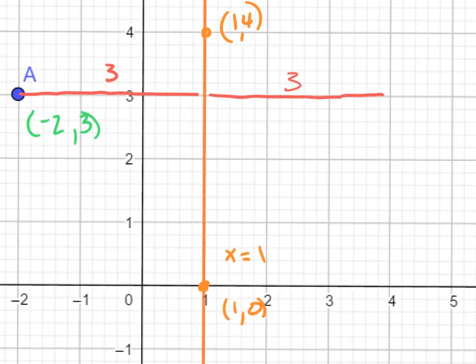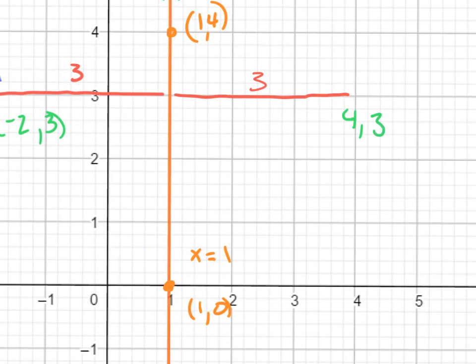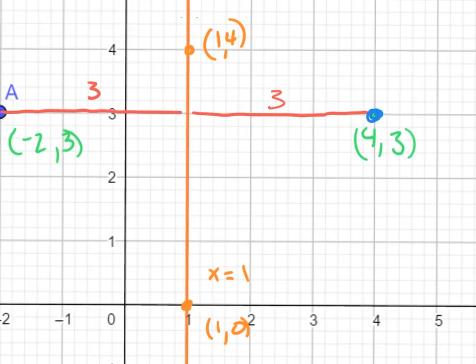And I'm moving a total of 6 spaces, because I have 3, the distance from that point to the line of reflection, and then another 3 on the other side. So a total of 6 spaces in a positive direction. If I add 6 to my x value here, I would get 4. But my y value doesn't change because this hasn't gone up or down at all. So it's just 4, 3.